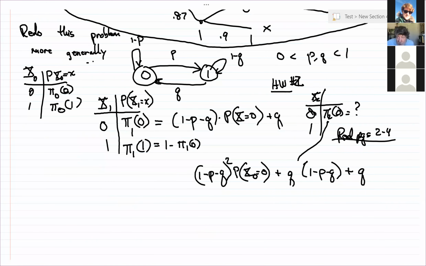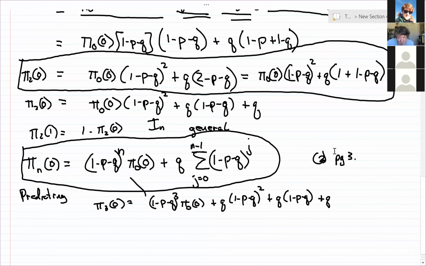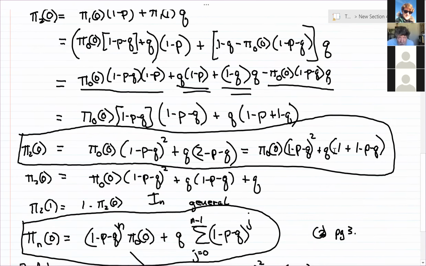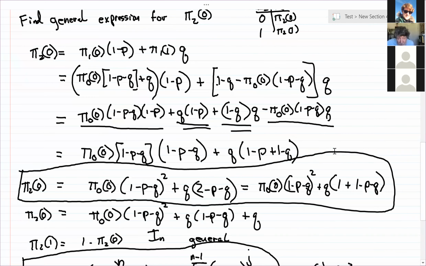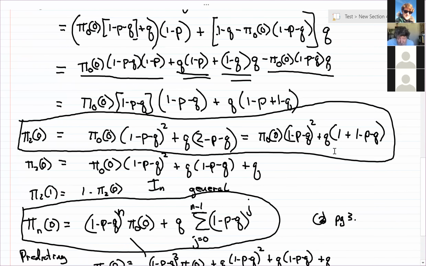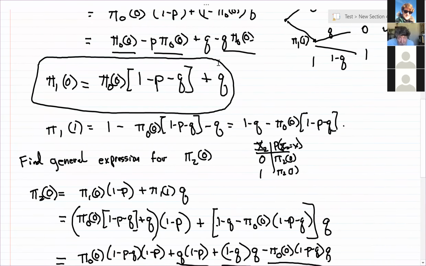Let me scroll down a little further. So this is just a recap of what we did the other day. And we figured out these formulas. So we did symbolically what we'd already done numerically. We figured out two formulas. We figured out pi 1, that was sort of done first.